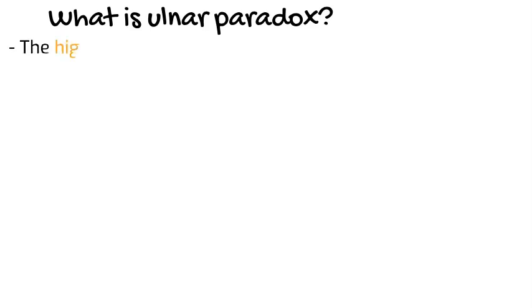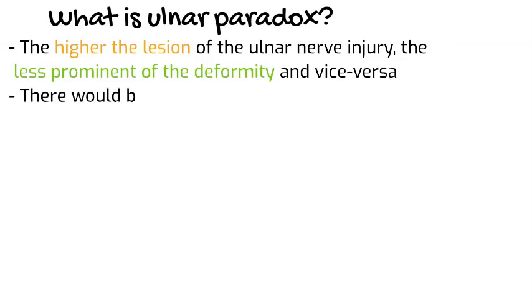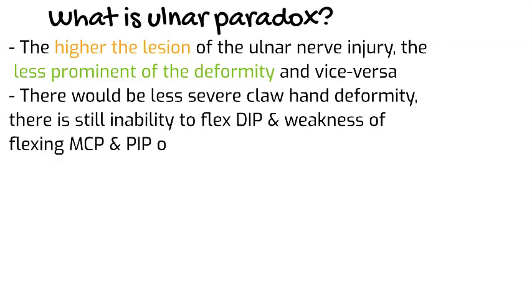What is ulnar paradox? The higher the lesion of the ulnar nerve injury, the less prominent the deformity, and vice versa. There would be less severe claw hand deformity. There will still be inability to flex the distal interphalangeal joint and weakness of flexing the metacarpophalangeal and proximal interphalangeal joints of the ring and little finger digits.